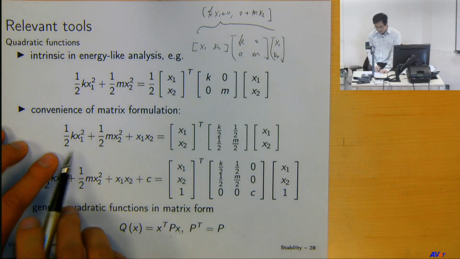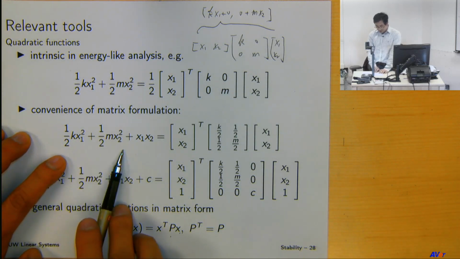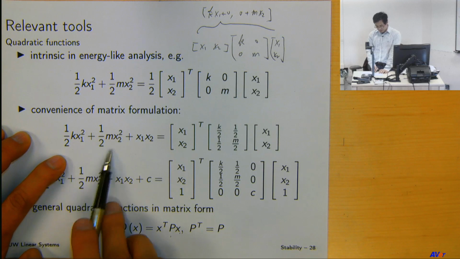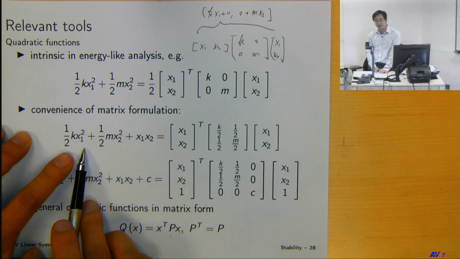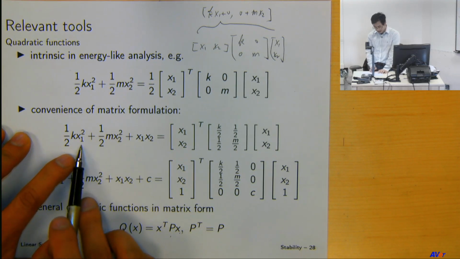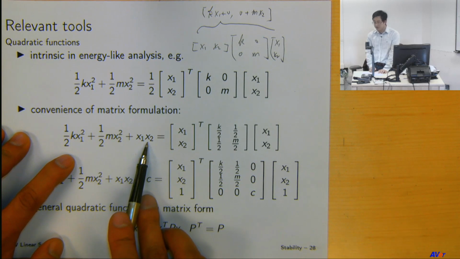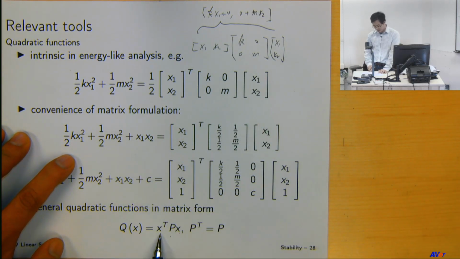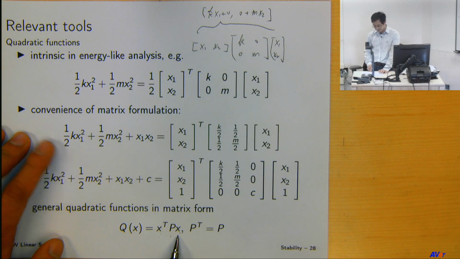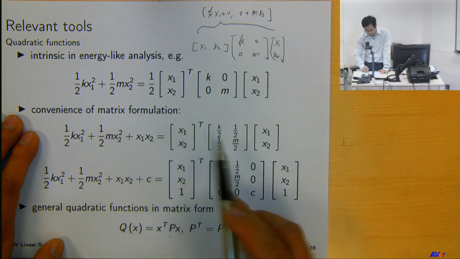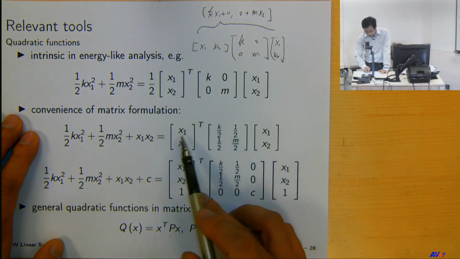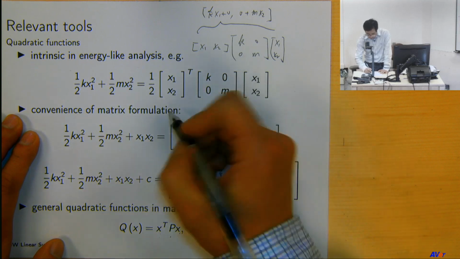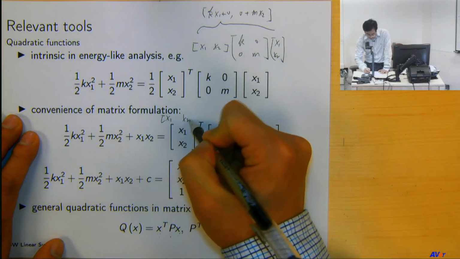Things can get more interesting. Let's say you have not just these two elements containing squares of the states, but also a cross product, x1 times x2. It has exactly the same structure: a vector times a matrix times a vector. Let me do it one more time.